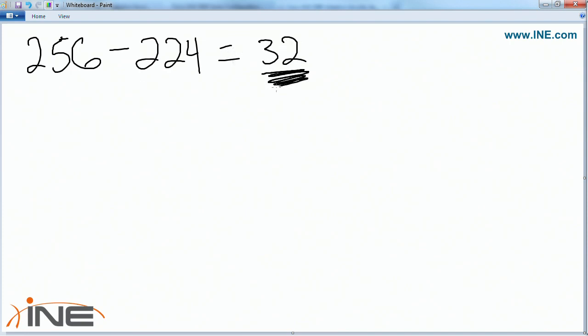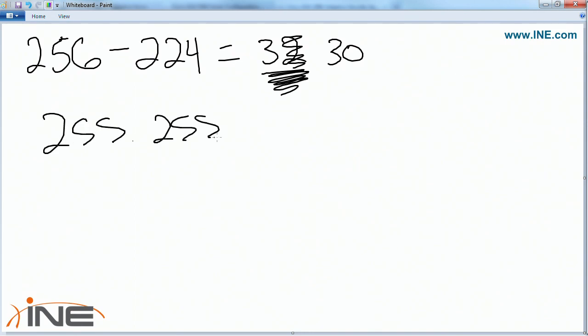This is the number of usable addresses in that subnet. Now, two of these you can't use because one is for the network address itself, one is for the broadcast. So really there's 30 usable addresses in that subnet. Assuming it was 255.255.255.224.